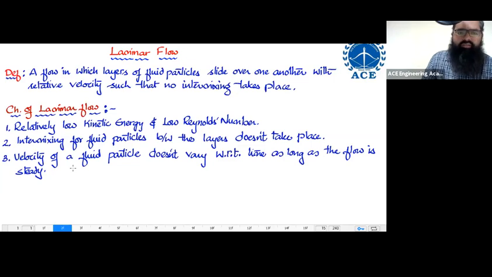So if the flow is steady, velocity of fluid particles is not going to change with respect to time.